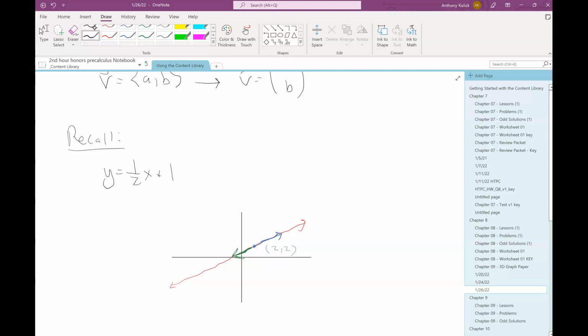Everybody okay with that? Now, keep in mind, when I write this vector, what I really am using is its magnitude and direction. So the point that I'm picking on my line as my initial point doesn't really matter, right? All I need is a magnitude and a direction to describe my vector.